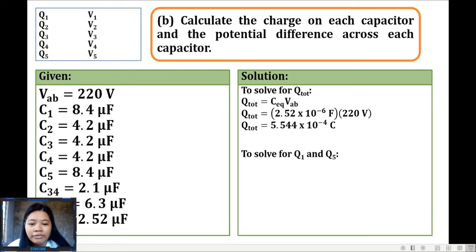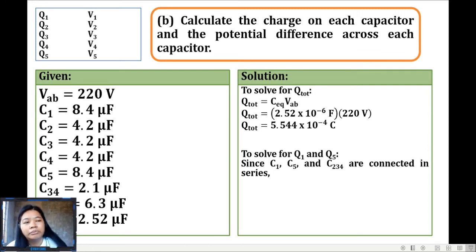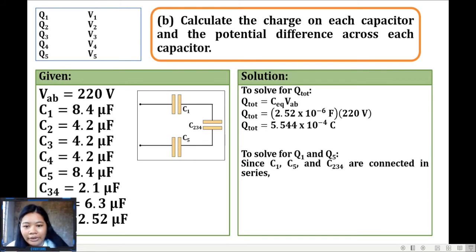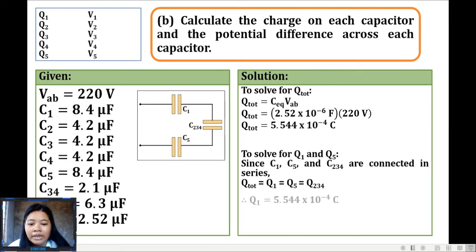Now to solve for Q sub 1 and Q sub 5, since C sub 1, C sub 5, and C sub 234 are connected in series, just to recall, that was the last redrawn figure there, we can say that the total charge is equal to Q sub 1 is equal to Q sub 5 is equal to Q sub 234.